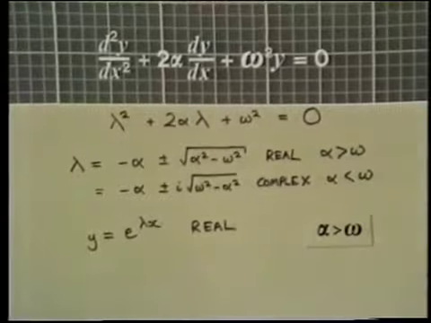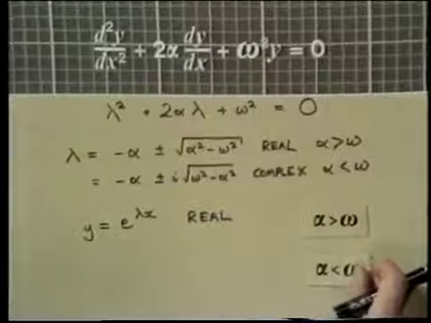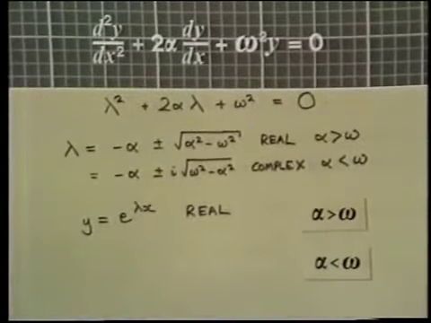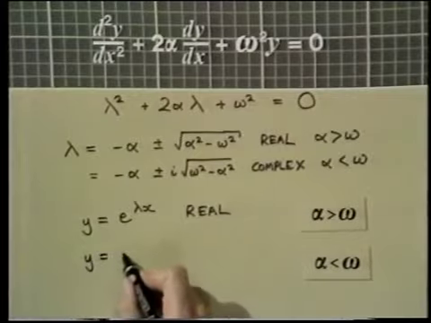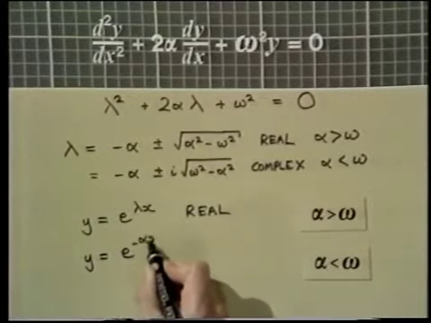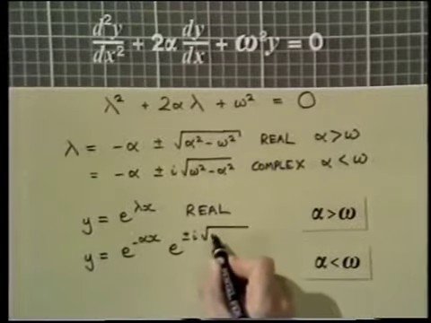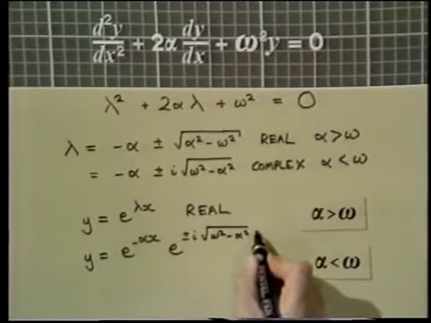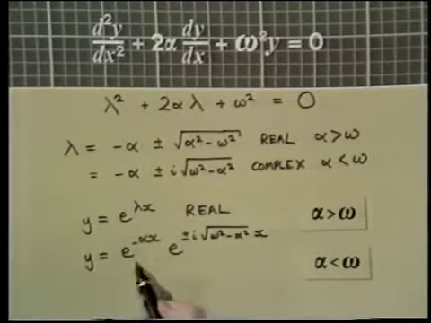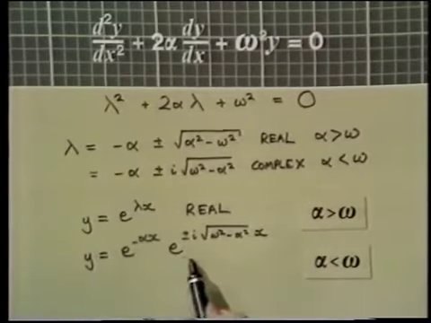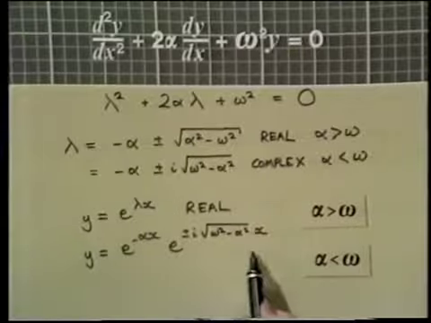Lambda is real. So this function is really just an exponential function. But supposing I take the other case where alpha is less than omega, in that case, the roots are complex, and I can split up the solution like this. It's the product of these two terms. Here again, I have an exponential function, but it's multiplied by this.